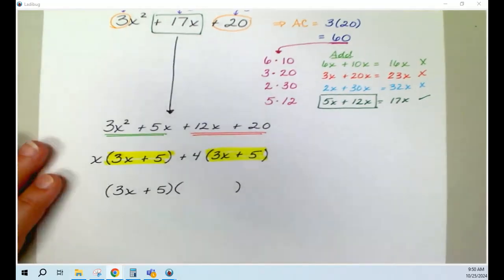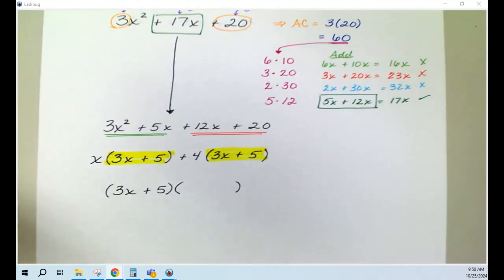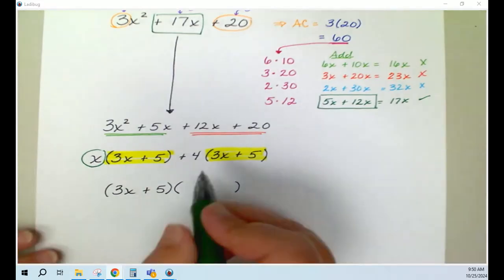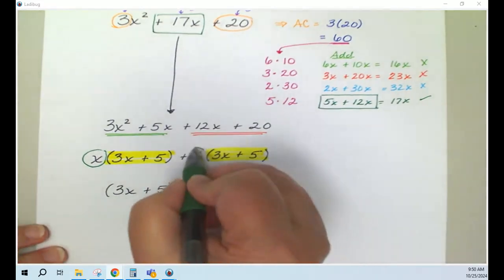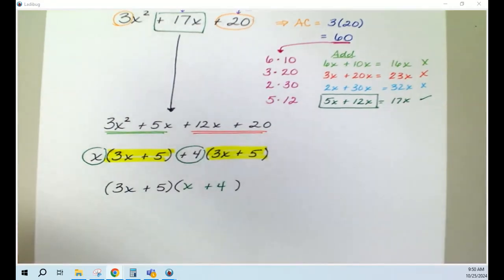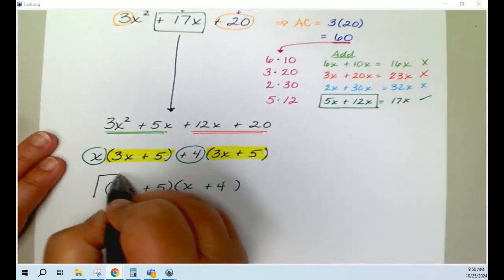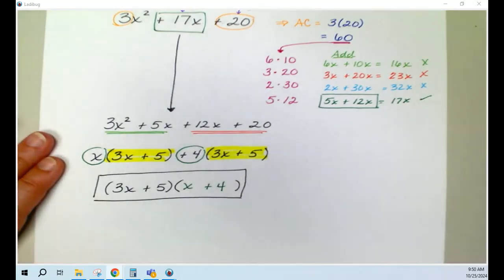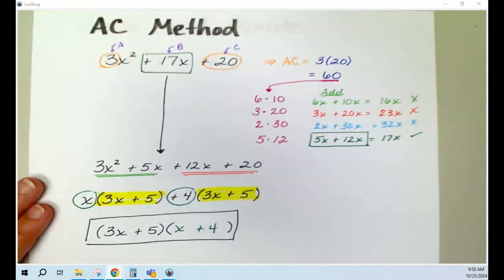Let's open up a second set of parentheses, and we're only going to pick up what's left over. So what's left over is the x that's out in front and the plus 4 that is out in front. And so now we have our factored form of 3x plus 5 times x plus 4.